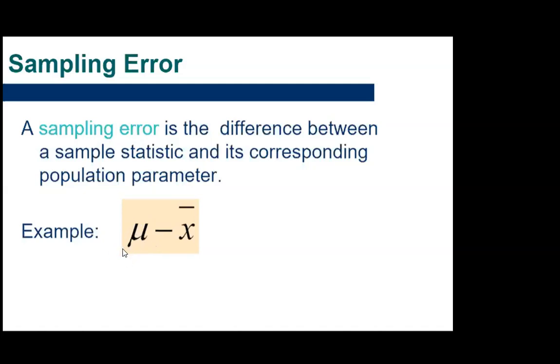So a sampling error is the difference between a sample statistic, in this case the average, and its corresponding population parameter. You can see X bar represents the average of the sample, and mu, the Greek letter, shows the population's parameter. It's like the whole class average grade is 92%, but the sample I select might be 89 because I used fewer cases, and some cases are missing.